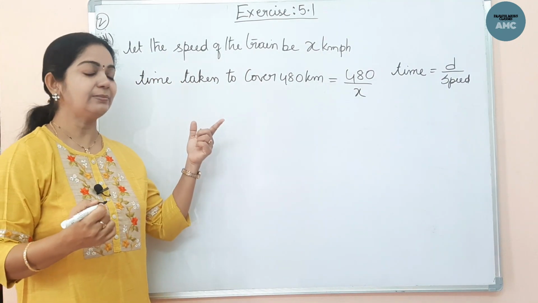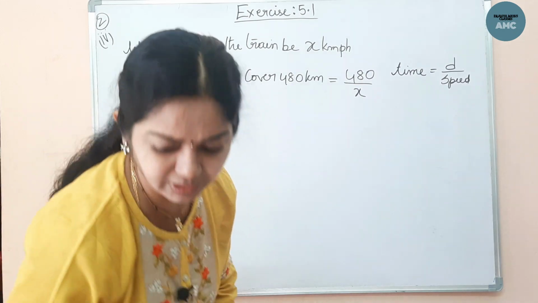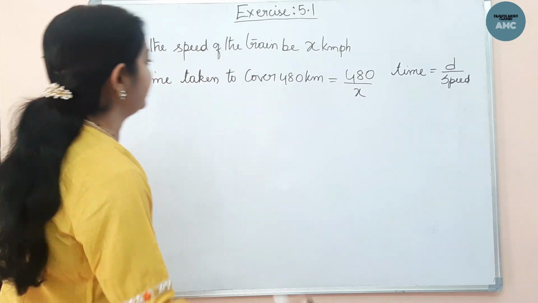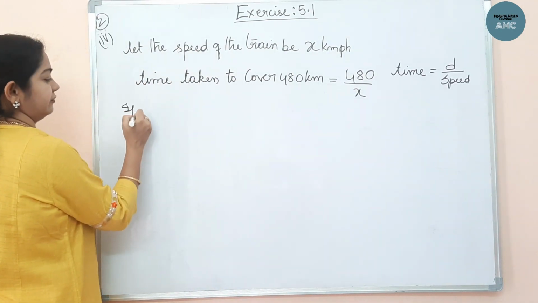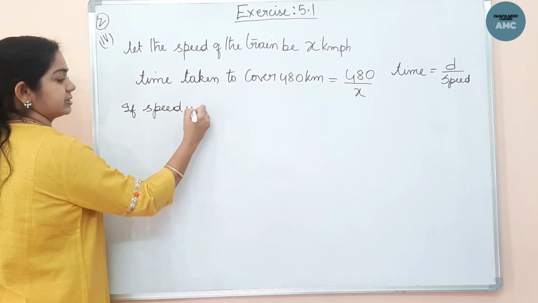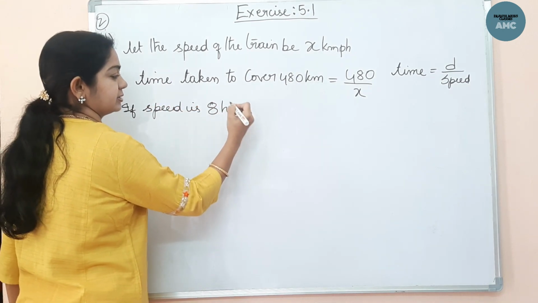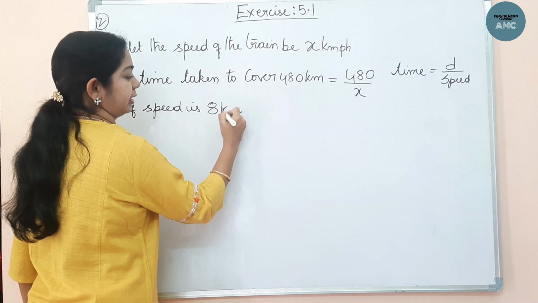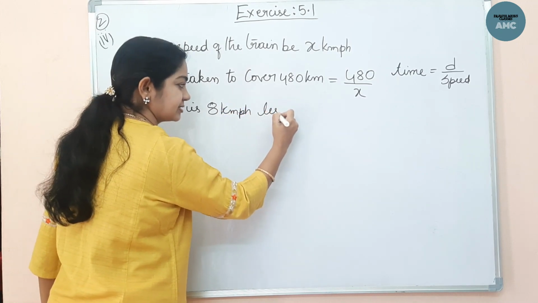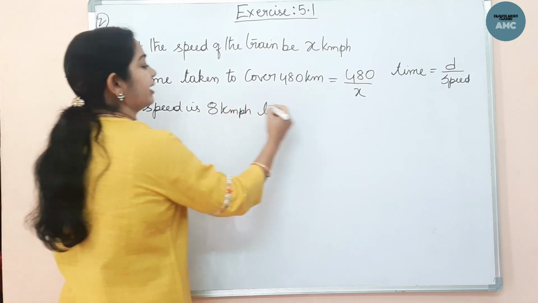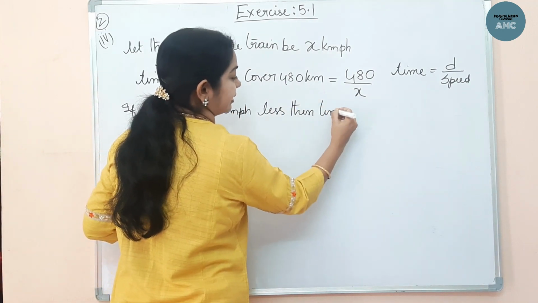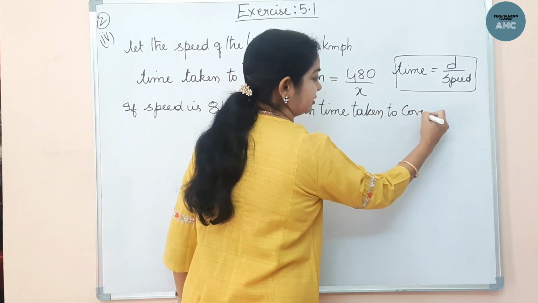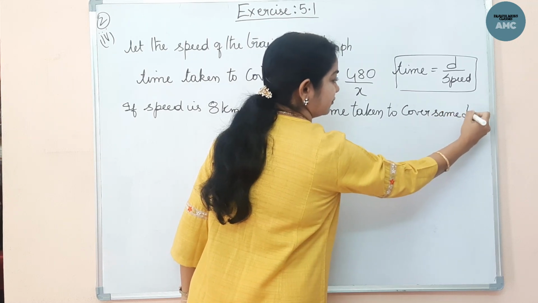Now it will be 3 hours more. Given that if the speed is 8 kilometers per hour less, let's calculate the time taken to cover the same distance, which is 480 kilometers.